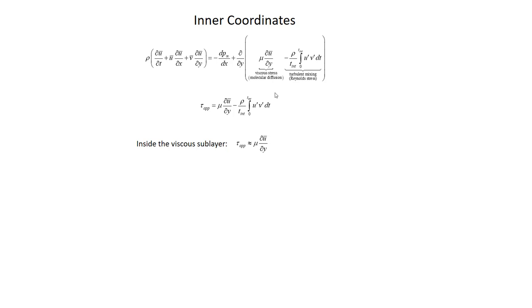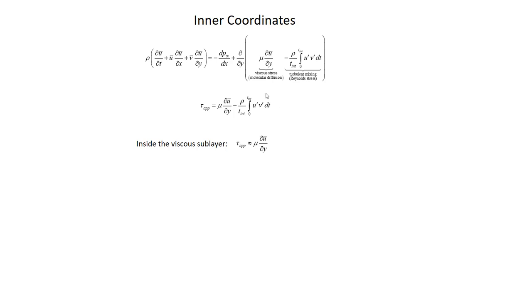The next thing we should do is try to get some kind of an estimate as to how big the viscous sublayer is, because that's our characteristic length scale. So same idea: we go back to our Reynolds averaged equation. We come over here and we say this term right here is the apparent shear stress. Again, it's made up of a viscous component and a turbulent component. Last time we said, well, what happens if we get outside of the viscous sublayer?